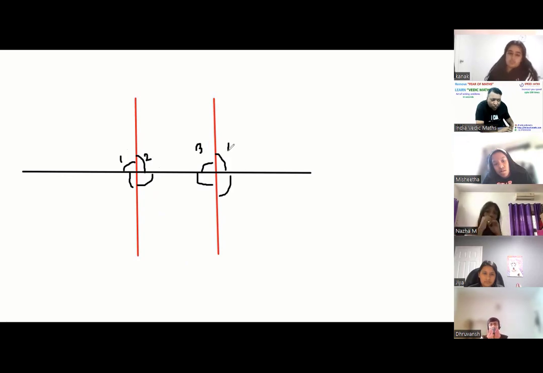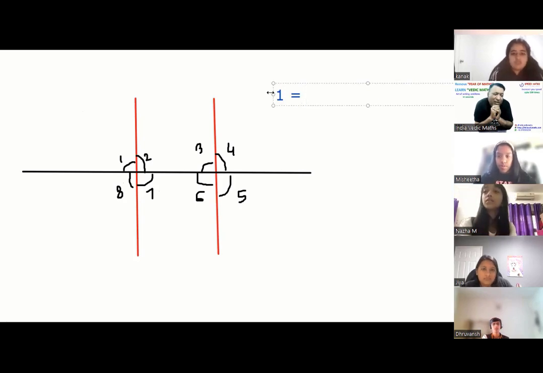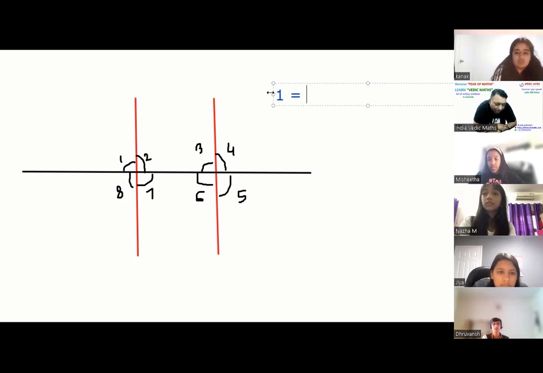This is a question for you to answer. Angle 5, angle 6, angle 7. Everybody think and tell me, which angle is corresponding to angle 1? Sir, angle 3. Very good. Mayank, you understood it.